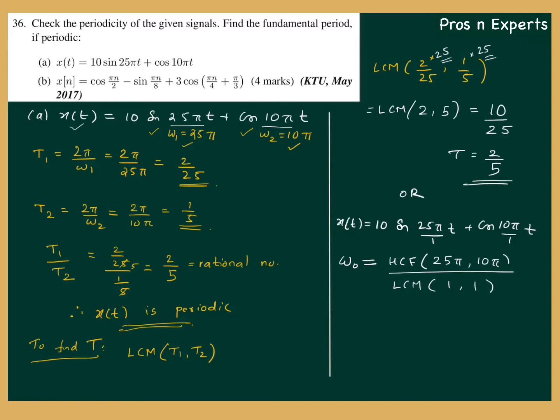The HCF of 25 pi and 10 pi is 5 pi, divided by the LCM which is 1. So omega 0 is 5 pi. Therefore the time period is 2 pi by omega 0, which is 2 pi by 5 pi, giving 2 by 5, the same result as the previous method. So this is the answer for question A.